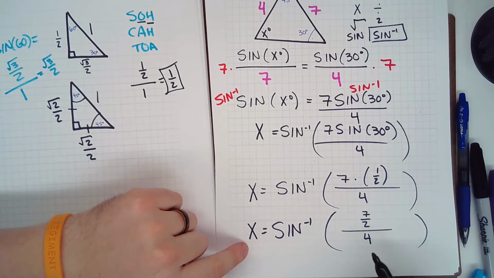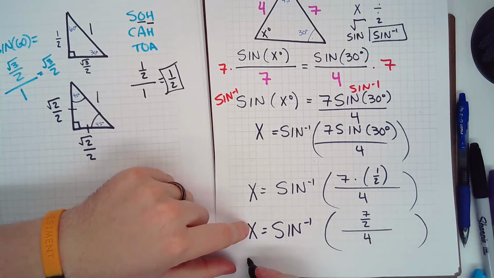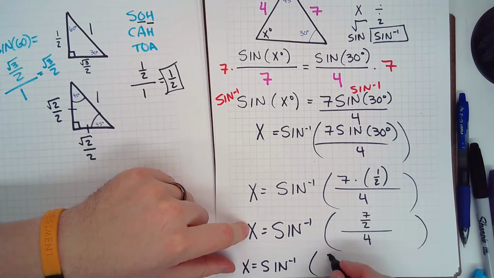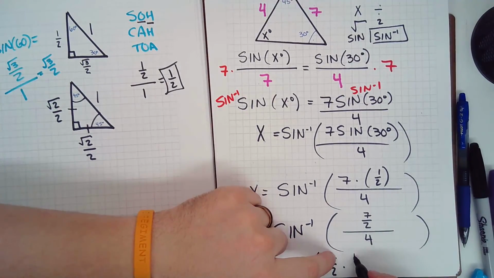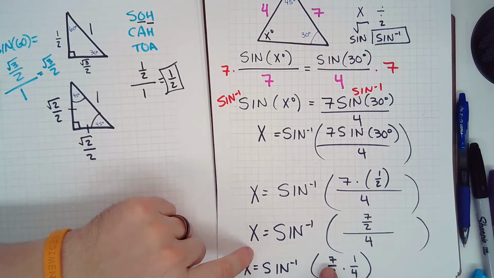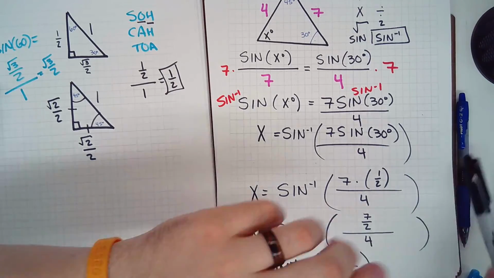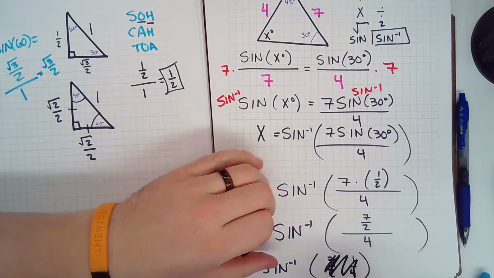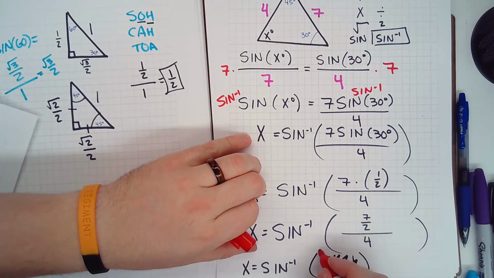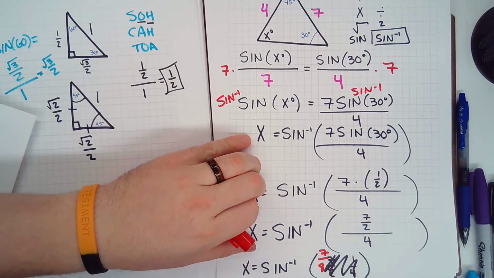So we're going to get x equals the sine inverse of 7 halves times the reciprocal of 4. And of course, the reciprocal of 4 is 1/4. So what is this going to become? Well, it's going to be 7 over 8. So I'm going to scribble this out because I'm running out of room. And I'm going to write the simplification of 7 halves times 1/4. And it is 7/8. So our answer is going to be x equals sine inverse of 7/8.